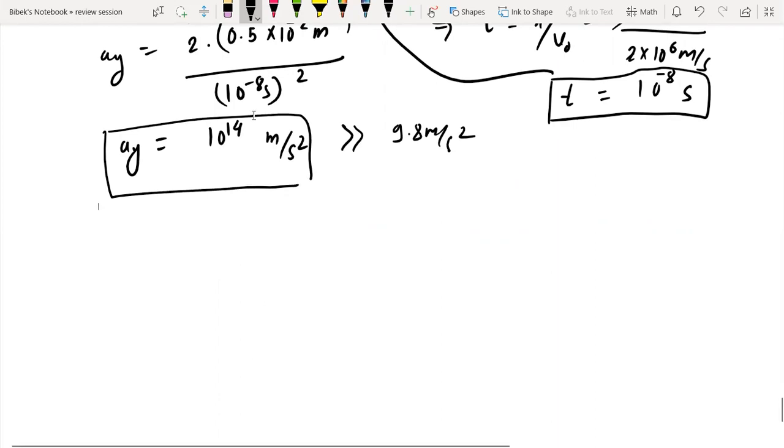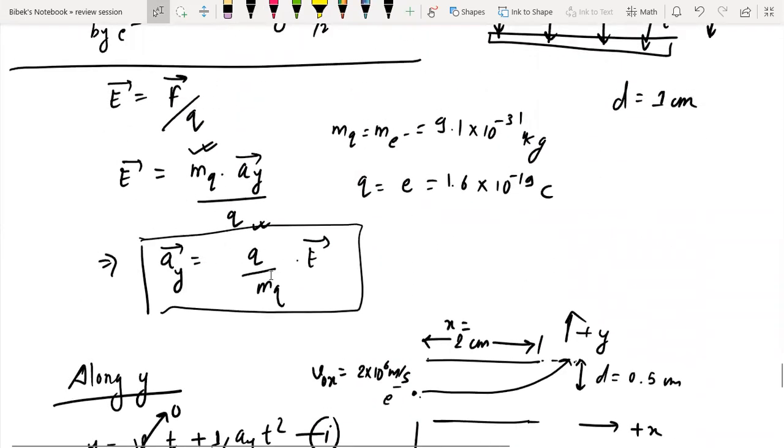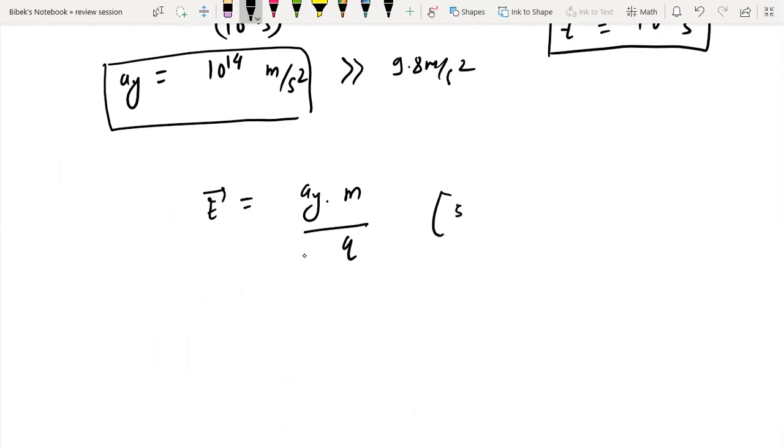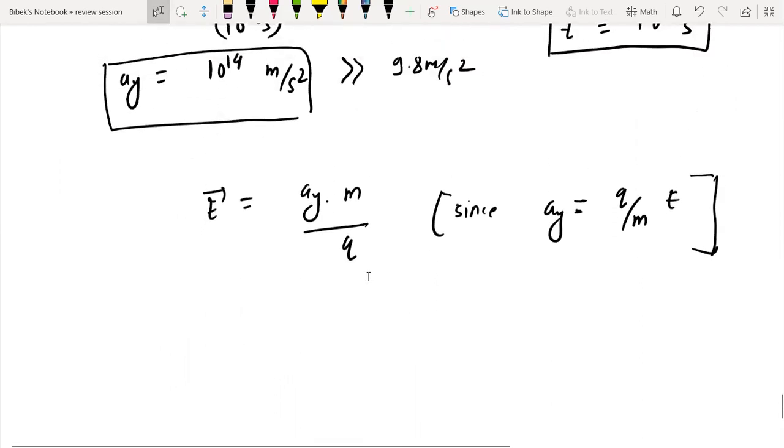Okay, so you have the acceleration, and you know the acceleration is this. Let me write E in the form of acceleration, that is AY times M over Q, since AY is Q over M times E. So what is your AY?